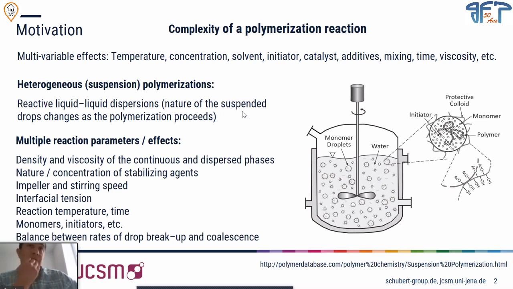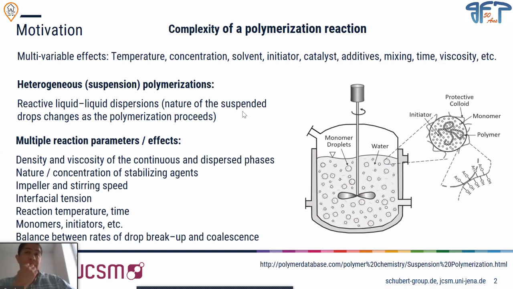But in such a system, of course, there are a lot of variables affecting the reaction: temperature, concentration, solvent, type of initiator, additives to keep the phases stable. The speed of stirring or mixing is, of course, a big challenge. I did one of these experiments myself in the past, and if you are not careful enough, you end up with a chunk of polymer in the bottom of the reactor, and it's not nice for sure.